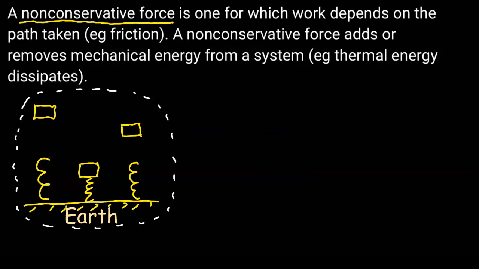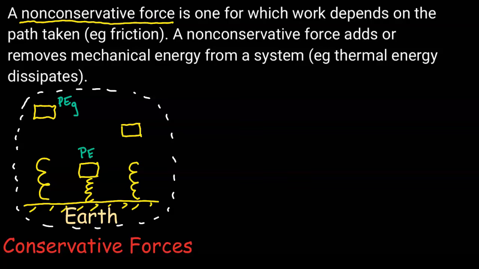We'll start with the one that does not have any non-conservative forces. On the left here, our system is a spring and our box. This box is high above the ground, so it only has gravitational potential energy. As it falls, it compresses the spring, and now it has spring potential energy, or elastic potential energy.